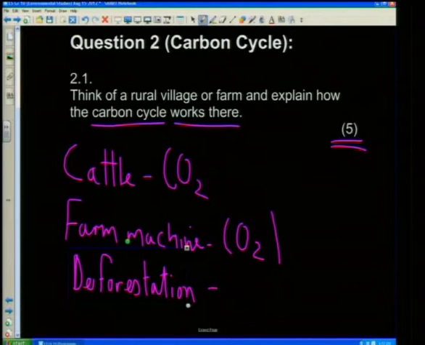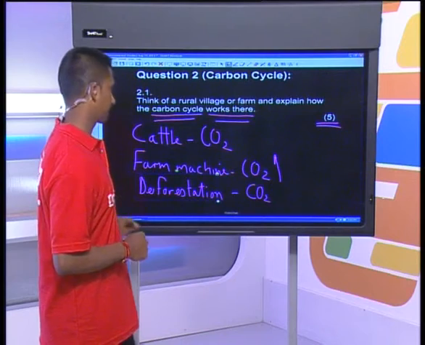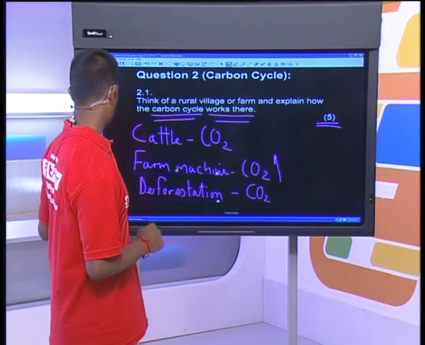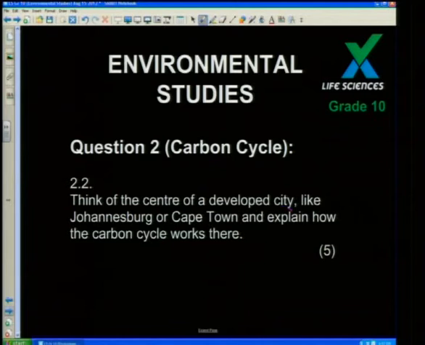This will contribute to increased levels of carbon dioxide. And hence, you'll find that carbon dioxide levels will definitely be affected by human activity.